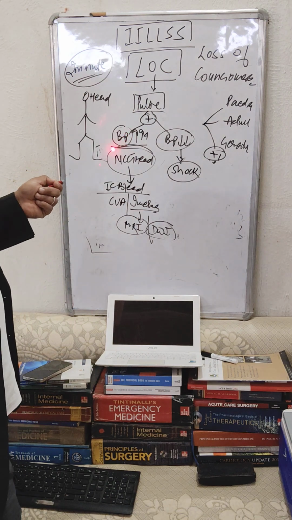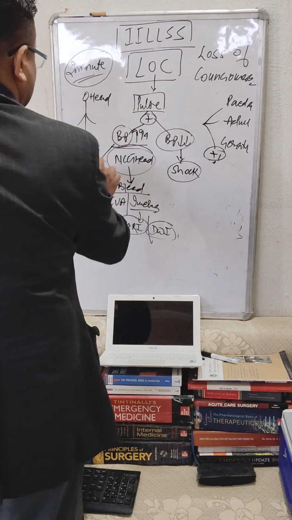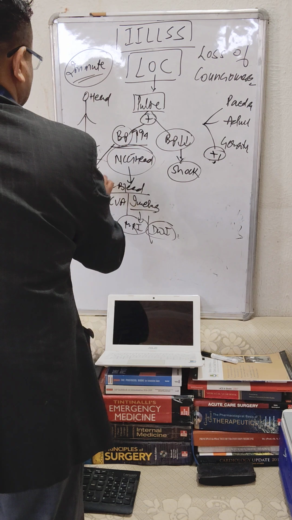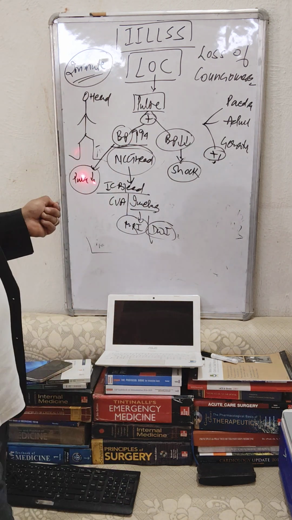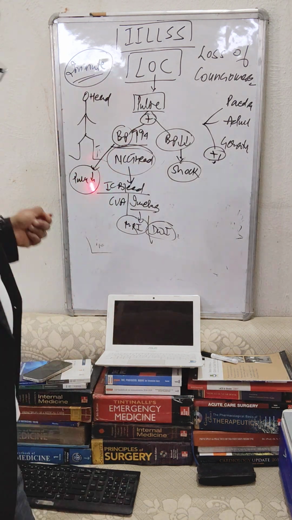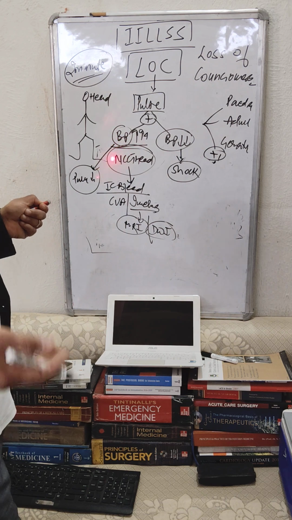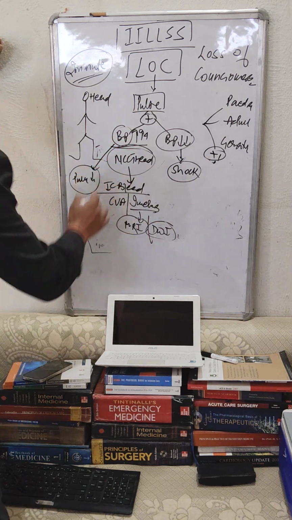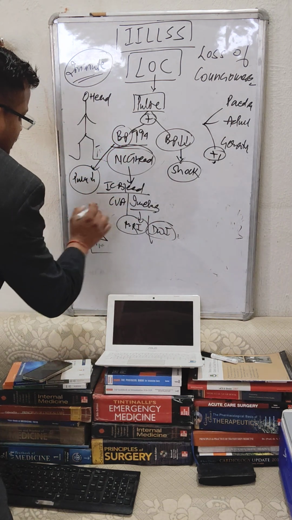When BP is on the higher side, look at the pulse. BP higher side, pulse on the lower side, let us say bradycardia. So this shows there might be an intracranial bleed leading to Cushing reflex. Cushing reflex says the triad of what?